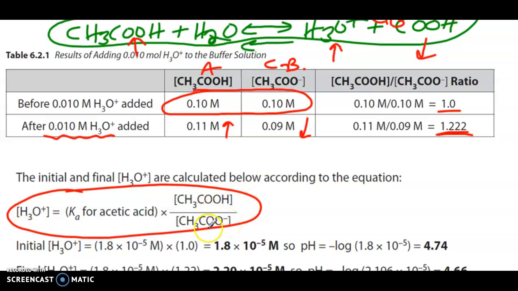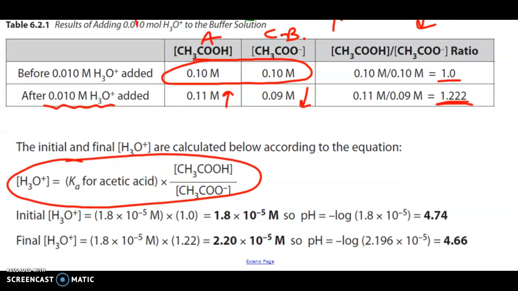If you were to calculate the hydronium here using the ratios that are given, the initial one is essentially the Ka value times the ratio. So in this case, it's the Ka value for acetic acid times 1. This is our hydronium concentration, which gives us a pH of 4.74.